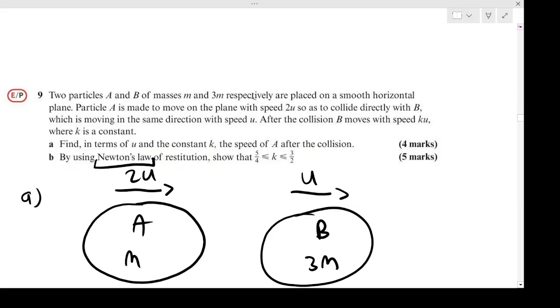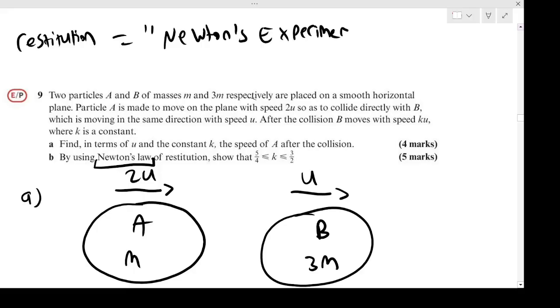You might hear restitution be referred to as what we call Newton's experimental law. So it's another one of Newton's laws, right? So obviously the first, second, third law, which you may be familiar with from normal maths mechanics. This is just another one of his laws.